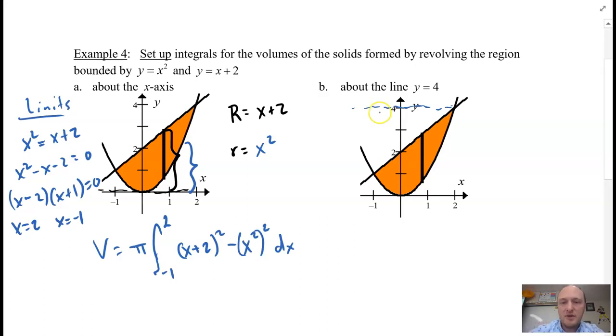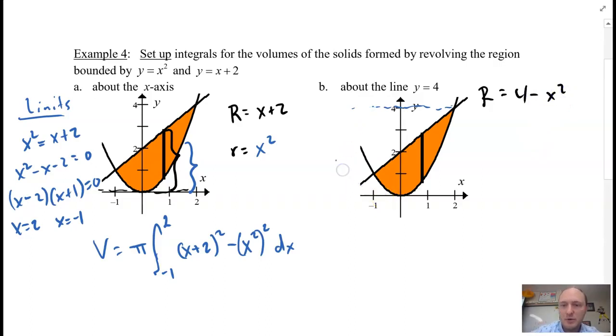From the line of revolution to the bottom of my function is this whole distance here, which looks to be 4 minus x squared, right?